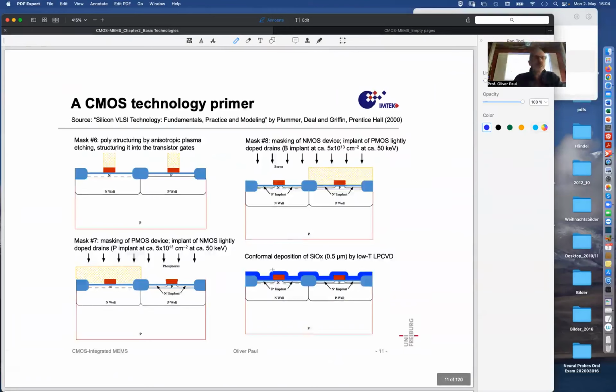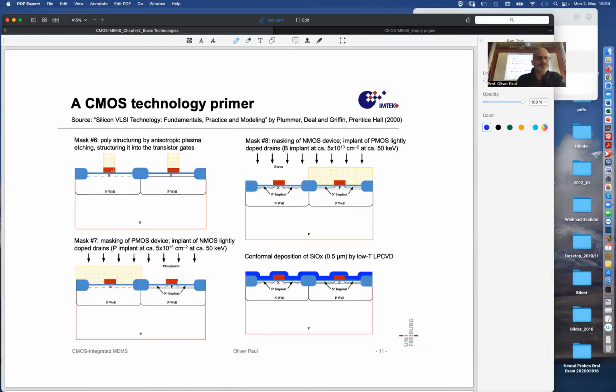And the first thing is to structure the polysilicon gates. The gate is only needed in the middle, whereas to the left and the right of the gate, there will be a source and a drain to let some current be conducted under the gate in the channel region.